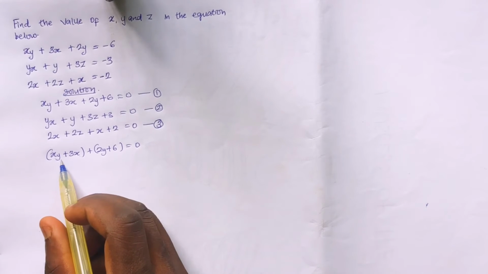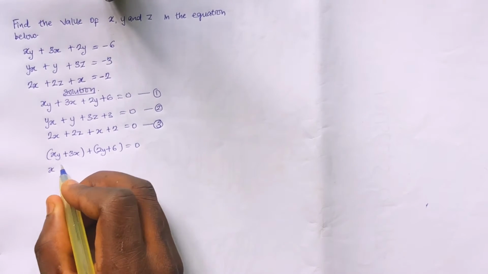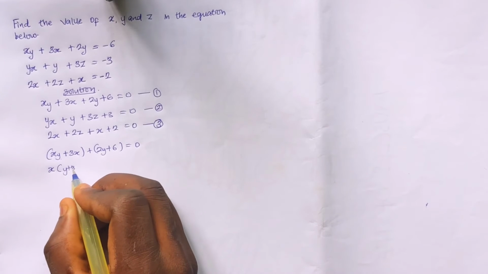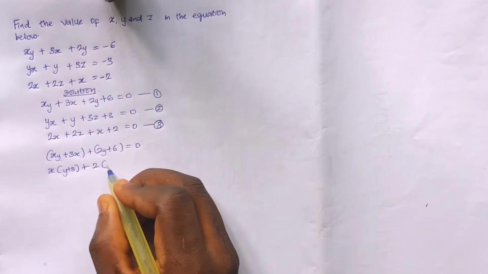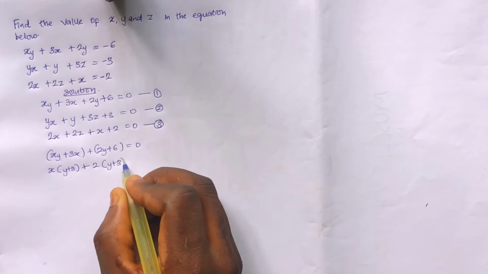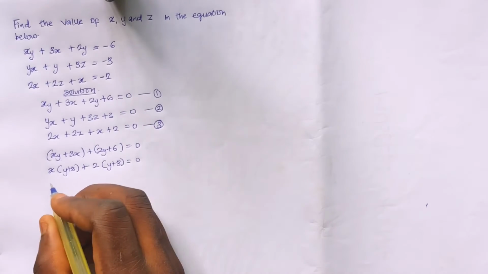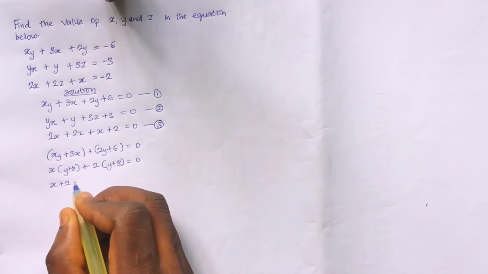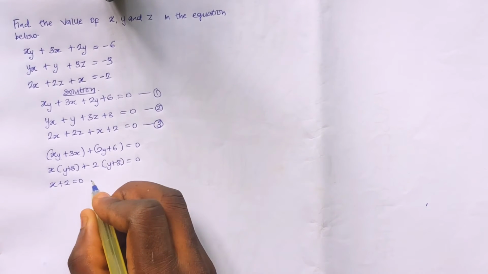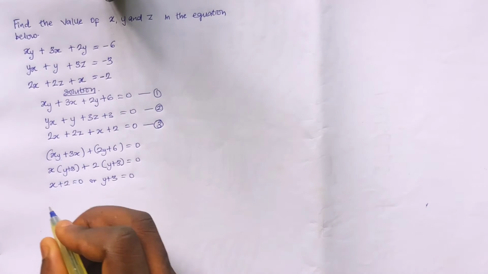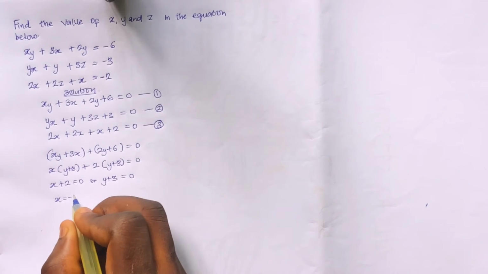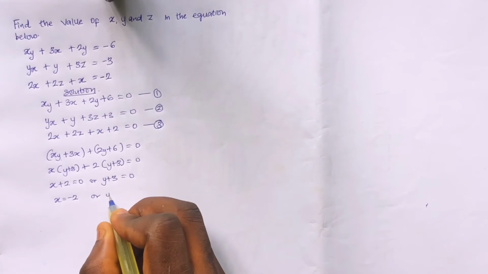The common factor here is x, so I will have x into brackets y plus 3, plus 2 into brackets y plus 3, equals 0. Then x plus 2 equals 0, or y plus 3 equals 0. Then x equals minus 2 or y equals minus 3.